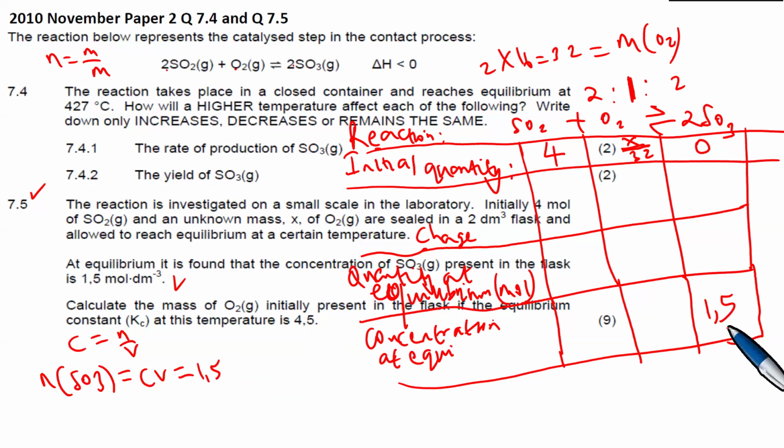So the concentration of SO3 is 1,5 times the volume. The volume is 2 cubic decimeters, and therefore this is 3 moles. So this quantity is 3.